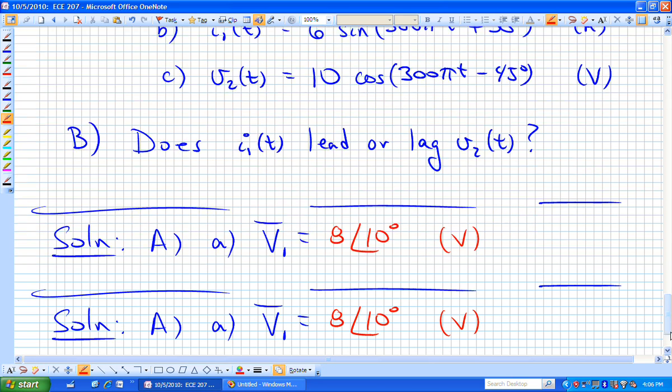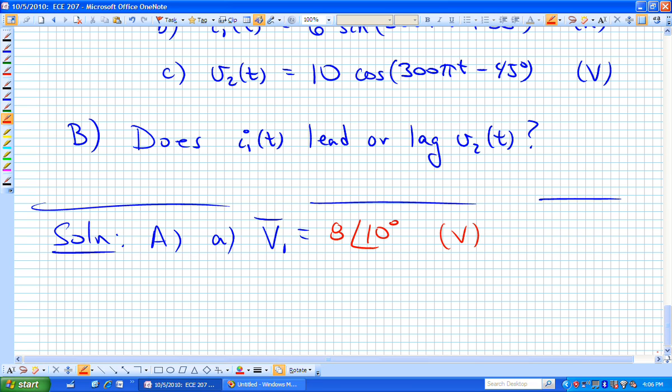If somebody asks whether one is leading or lagging, you say it doesn't make sense, because they're spinning at different rates. You don't even want to go there in terms of a time interval.